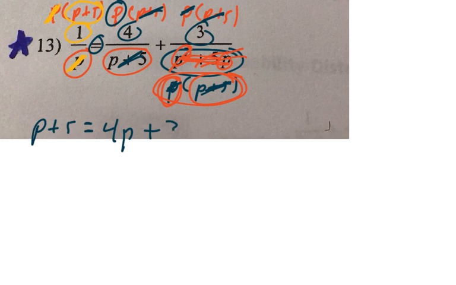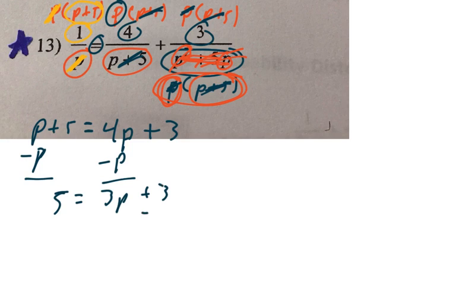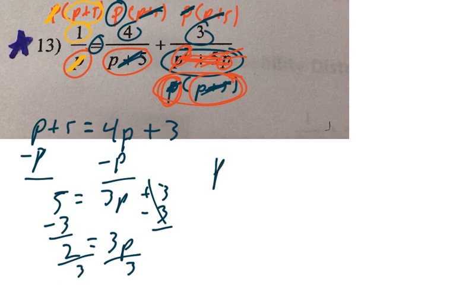All I have is plus 3. So solving this, I'm going to go ahead and minus p both sides. So 5 will be 3p plus 3. I'm now going to minus 3 both sides. 3p will equal 2. That means when I divide by 3, p must be 2/3.